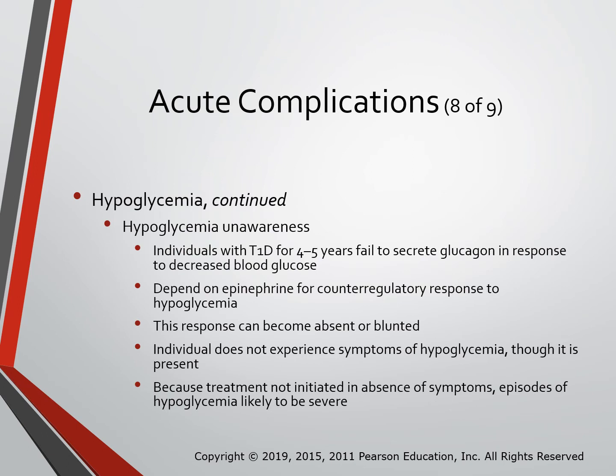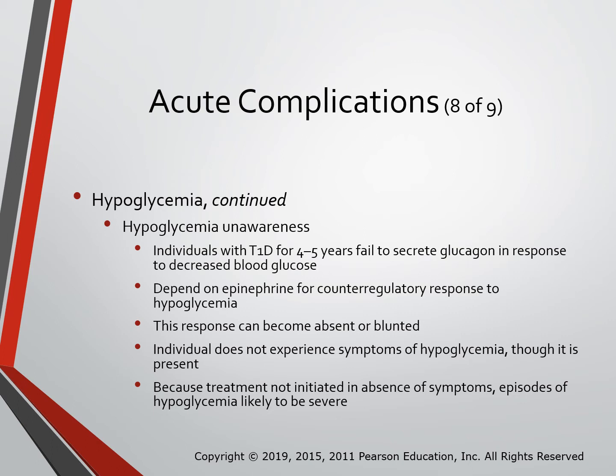Individuals who have type 1 diabetes for 4 or 5 years fail to secrete glucagon in response to decreased blood glucose. This compensatory response can become absent or blunted, and the individual then develops a syndrome called hypoglycemia unawareness.